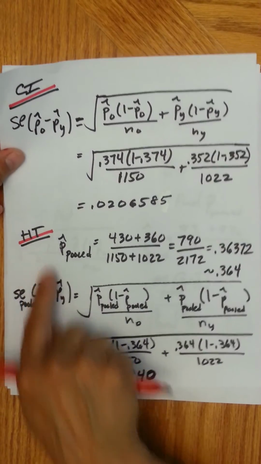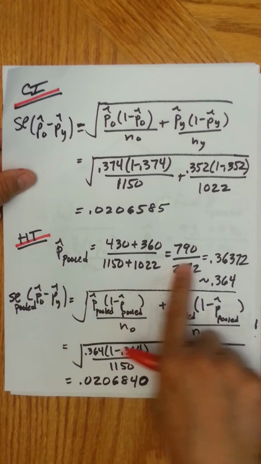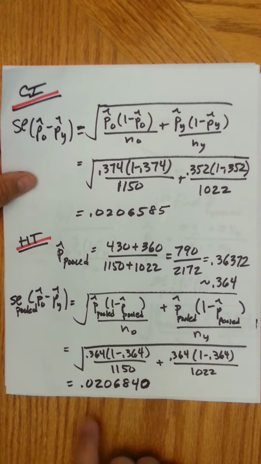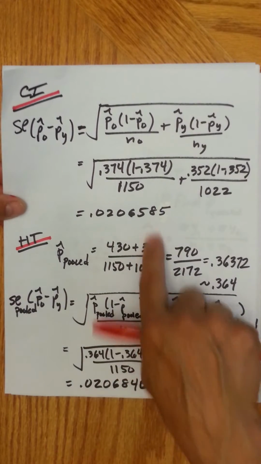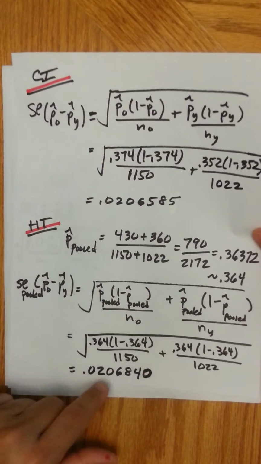I've already done this for the hypothesis test. The pooled proportion would be about 36.4%. And then I put it in the equation, right? And I got, again, it's very close, but still you have to use this theoretically. All right, so we're going to use this.